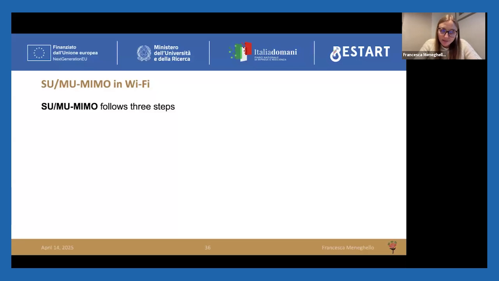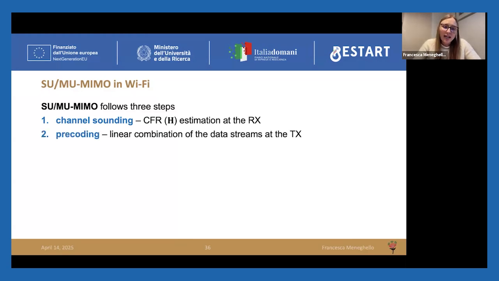So the three steps that are followed to implement this operational mode are, at first, that we need to estimate the channel. So as we said before, we need to have knowledge about the way the signal propagates from the transmitter to the receiver in order to apply precoding, so to linearly combine the different streams to be transmitted in such a way that we compensate for the channel impairments.